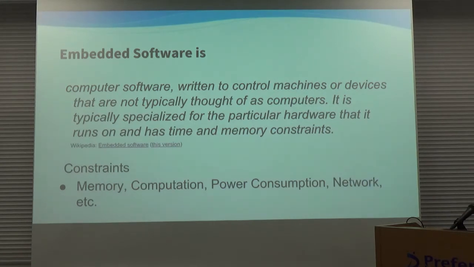According to Wikipedia, it is computer software written to control machines or devices that are not typically thought of as computers. It is typically specialized for the particular hardware it runs on and has time and memory constraints. So there are many constraints, such as memory, computation, power consumption, and networks.